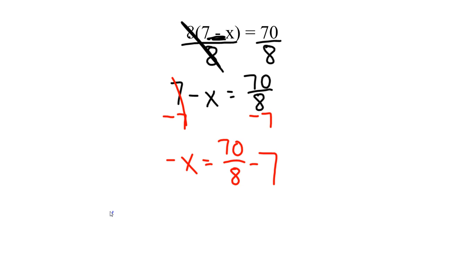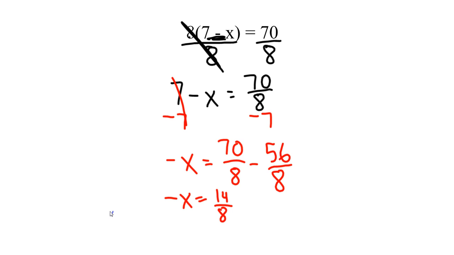If I use 8 as my common denominator, I'm going to rewrite this 7 as 56 over 8, which leaves me with negative x is equal to 70 minus 56, which gives me a positive 14 over 8. Now, if you recall, the answer was negative 14 over 8.